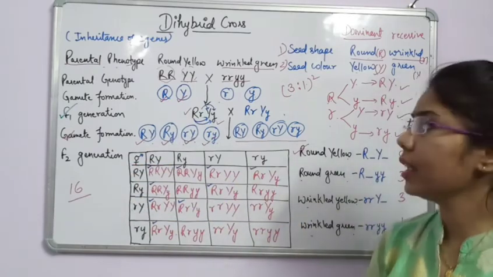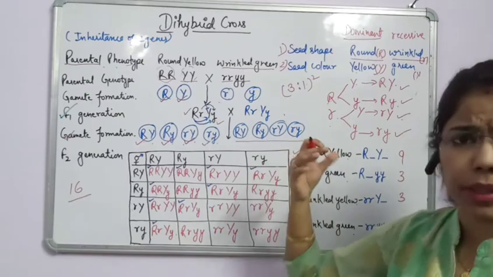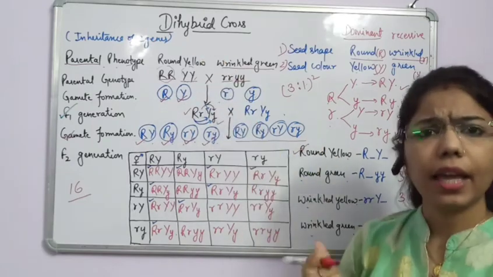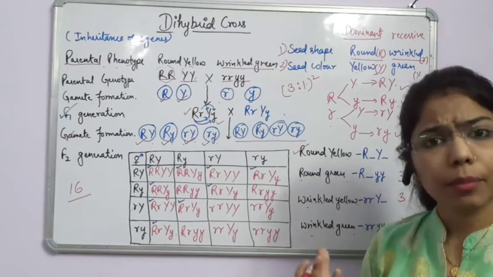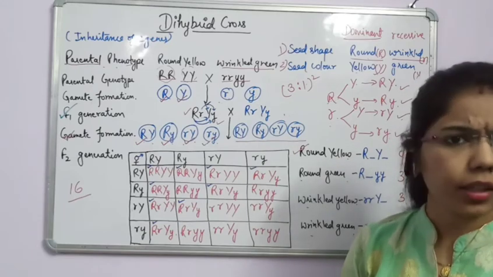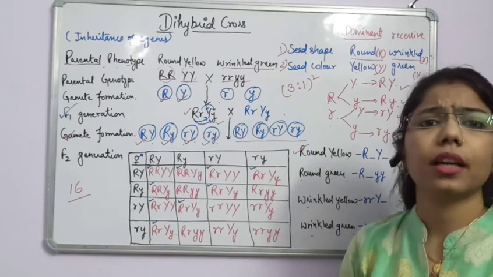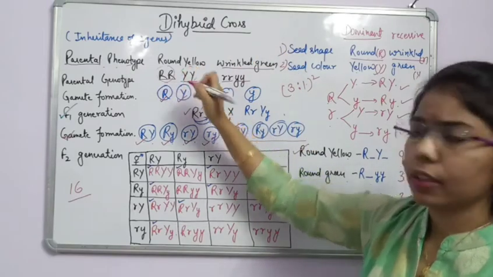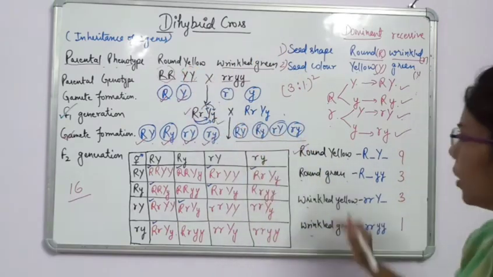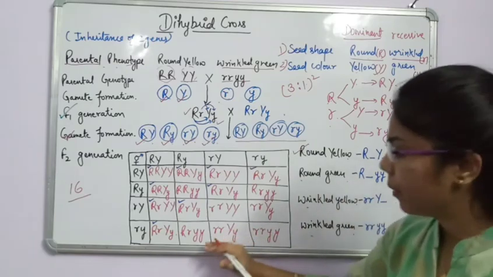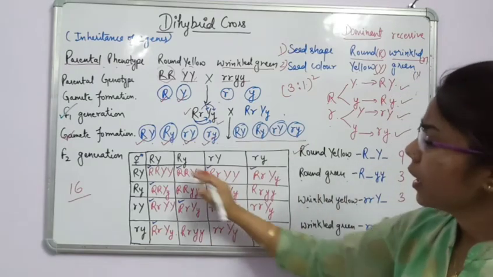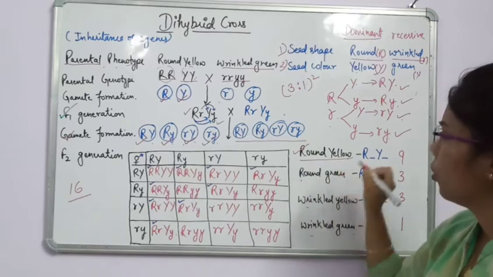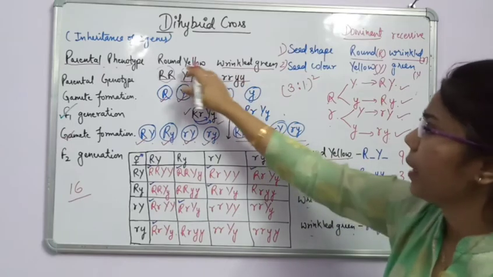So due to this rearrangement, what happens? They will take some characters from the parents, as well as they will make some recombinants also. So what are the recombinants? The recombinants are those things which are formed by taking characters from both the parents. Okay, so if you see the F2 generation, we are having round yellow. Round yellow was the parental type.